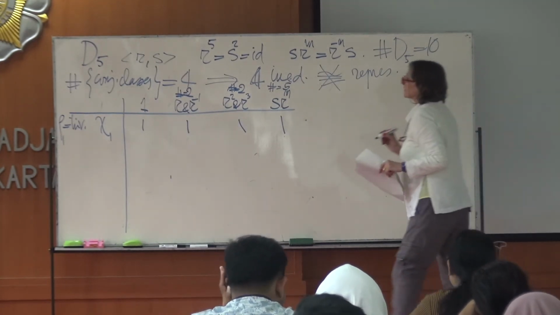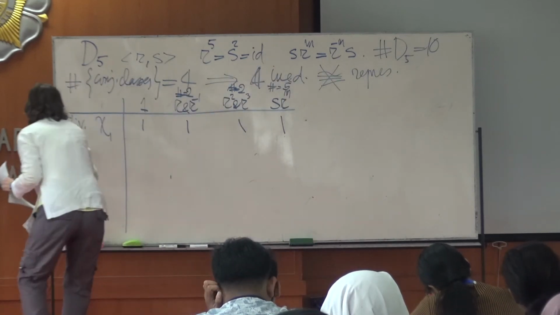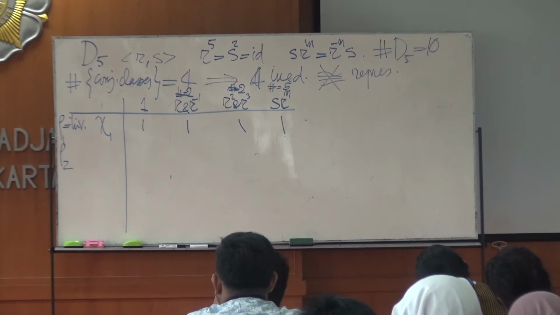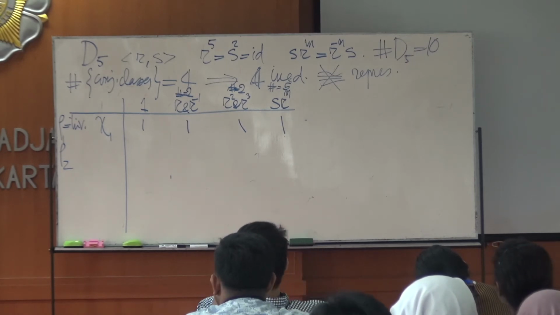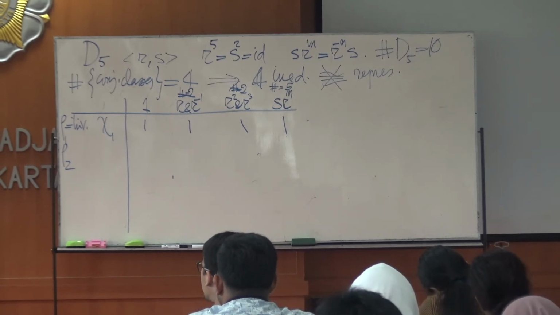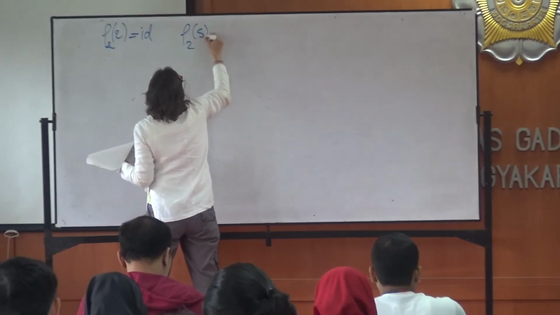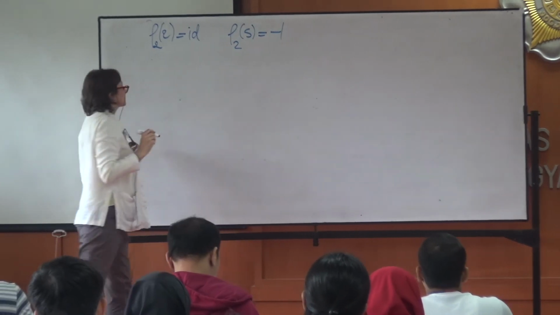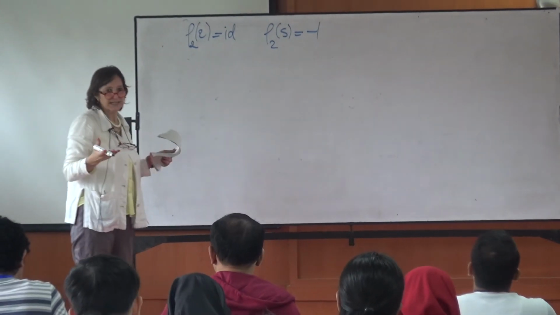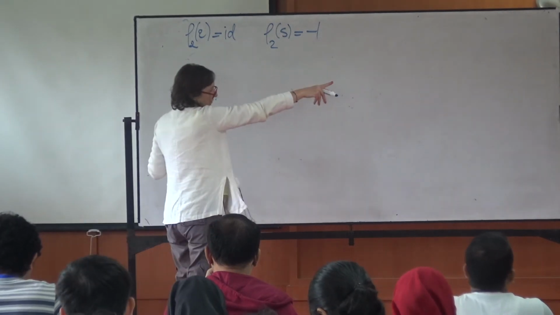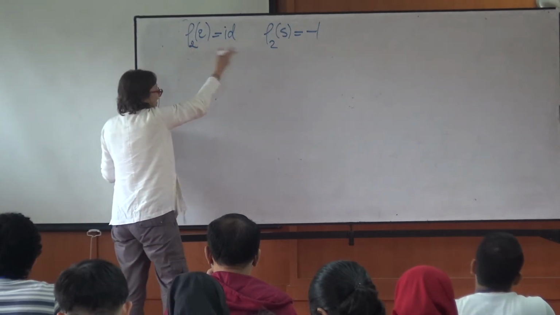This rho 2 is defined like this: rho 2 of R is equal to 1, one-dimensional, and rho 2 of S is equal to minus 1. So we give it on the generators, and we can check that this really defines a homomorphism.